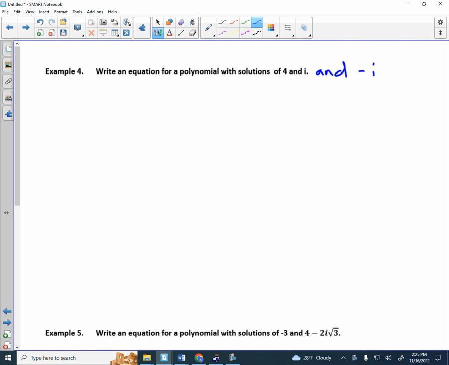And the fundamental theorem of algebra told us that everything is factorable to x minus the solution. So x minus 4 would be one factor. What's another factor? x minus i. What's another factor? x minus a negative i, which is x plus i.